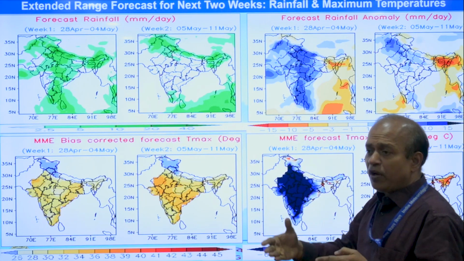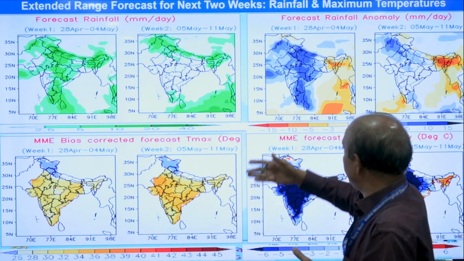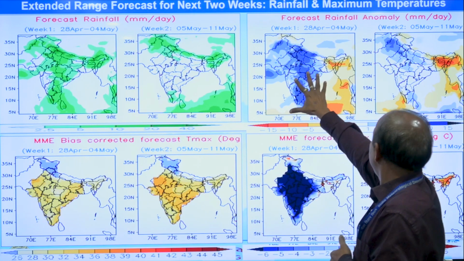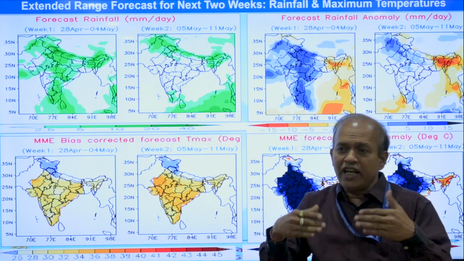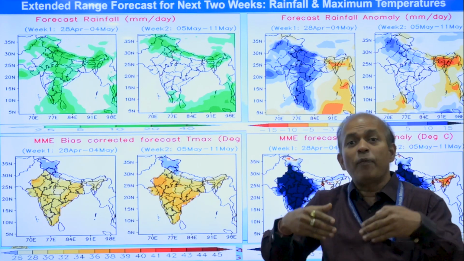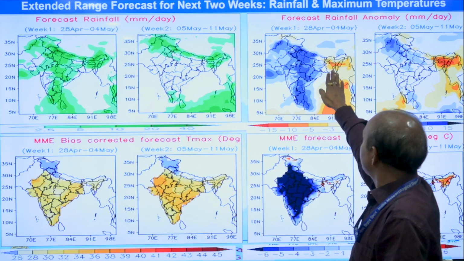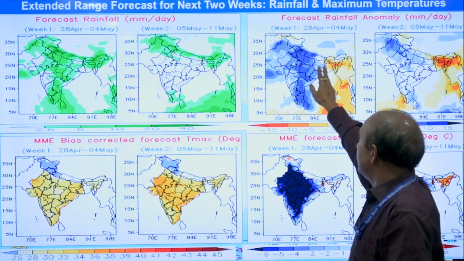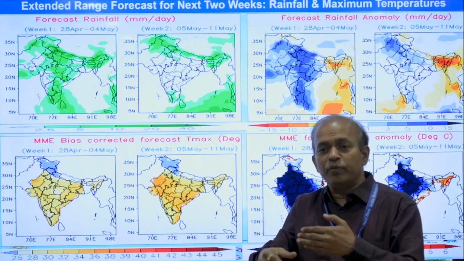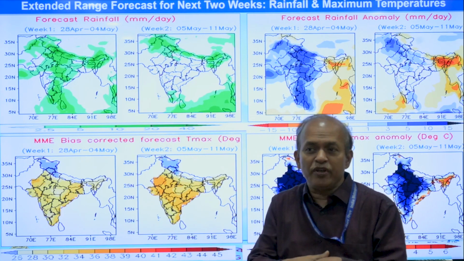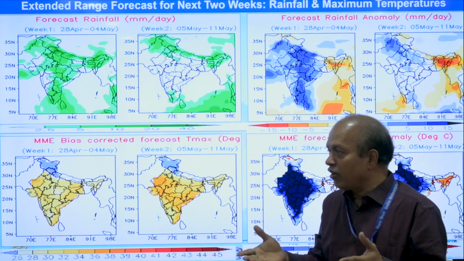That means the rainfall we are expecting. In the first week there is a positive departure, meaning we are expecting rainfall to be above normal over most parts of the country except some parts of northeast India, where it is negative. Just like the previous week, when we got more than normal rainfall.